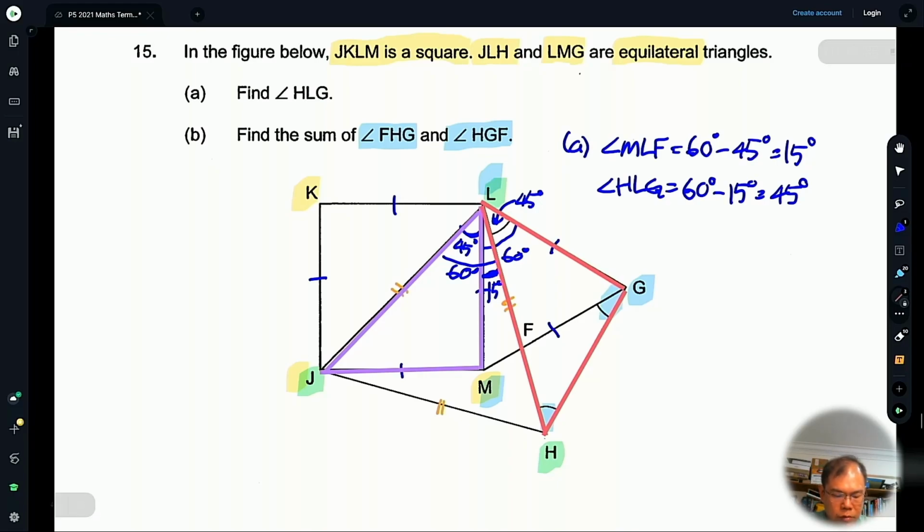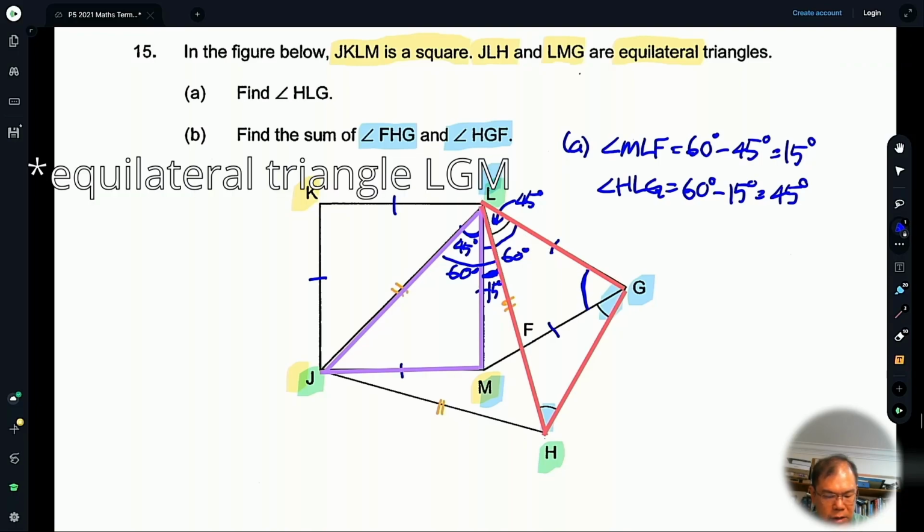If I know that one of the angles in this triangle is 45, that means I can find the sum of the other two angles, LHG and HGL. But I also know that this angle here is inside the equilateral triangle LHM, so this would be 60 degrees.